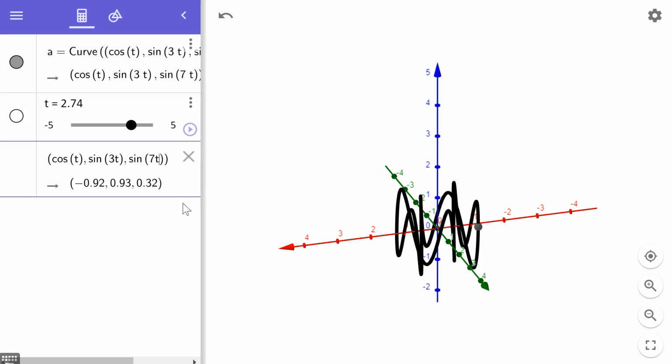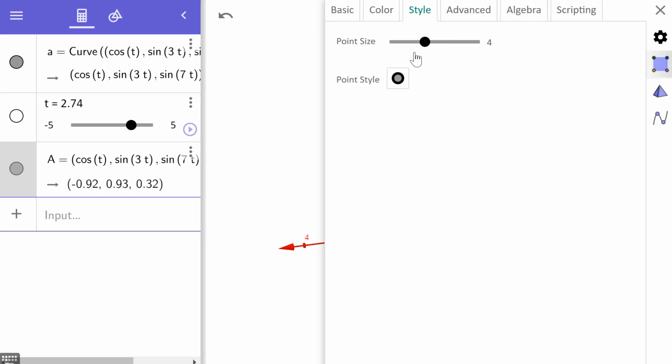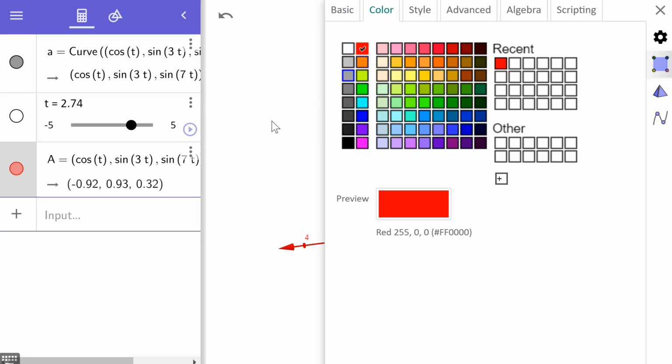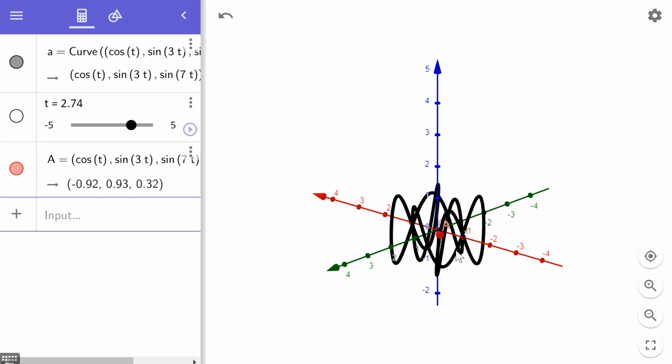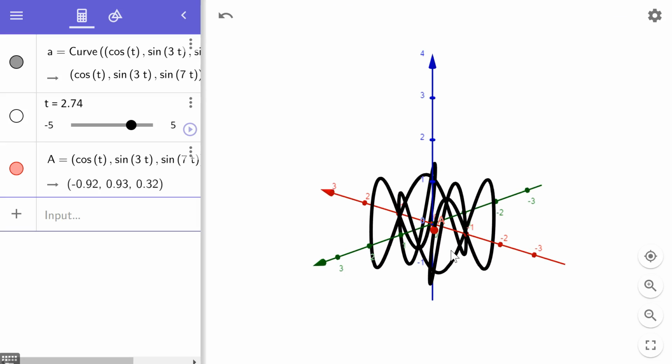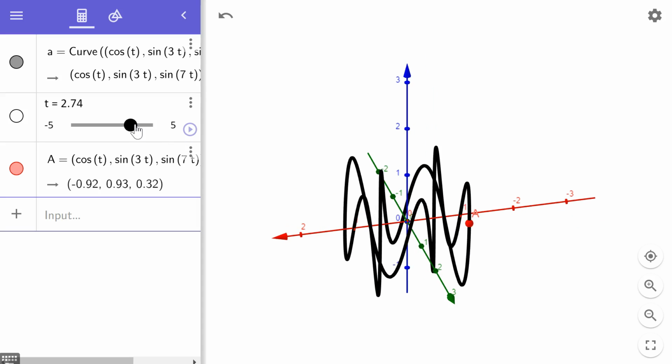Okay. Let me change the color. Okay. So the red point that you are looking at is the coordinate of my parametric equation that corresponds to the value of the t that we have here.